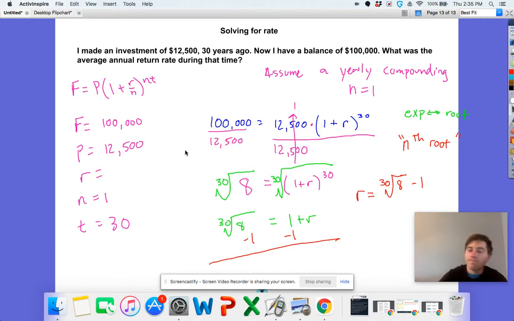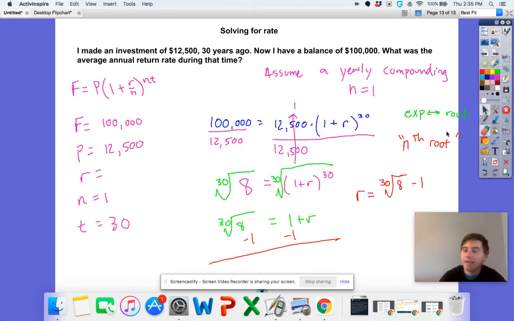So it says then that r is 0.0717. Now, is that 0.0717%? No, this is a decimal version of a percent. Just like when you convert a percentage to a decimal by moving the decimal to the left twice, you can convert it back by moving it to the right twice. 1, 2.